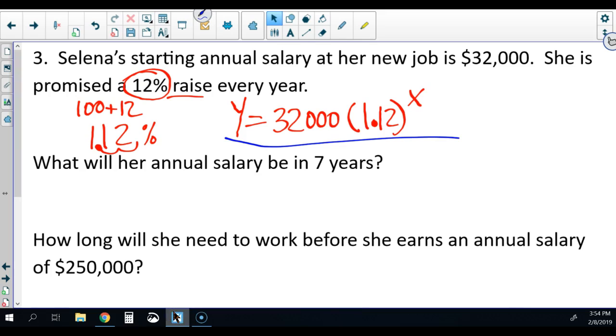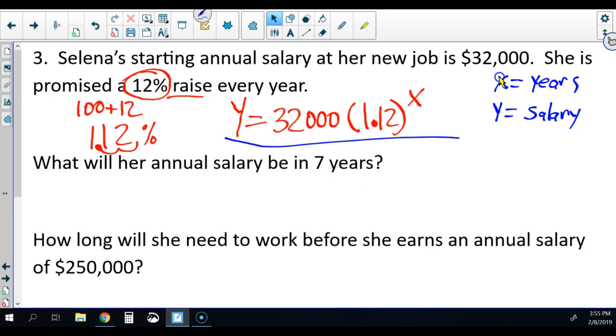Now back to our questions. What will her annual salary be in 7 years? Remember from earlier, x was years, and y is the salary. So when they ask what will her annual salary be in 7 years, they're telling me that x equals 7. So we can do two things.